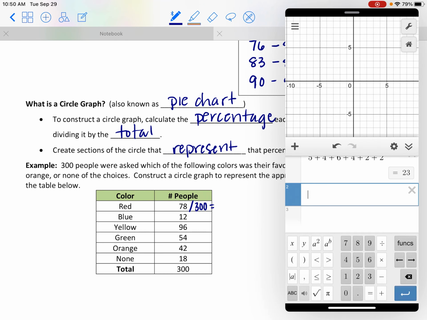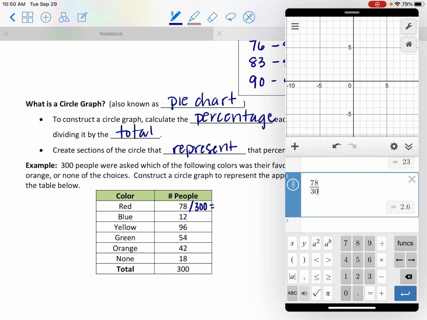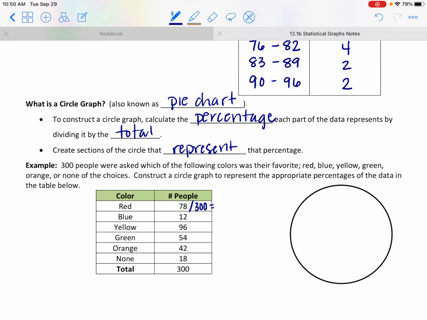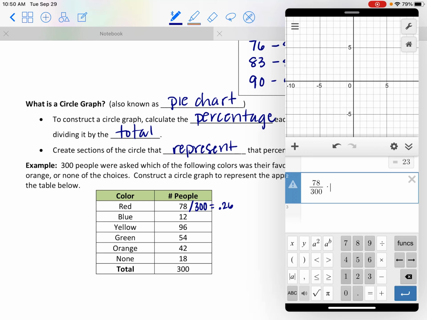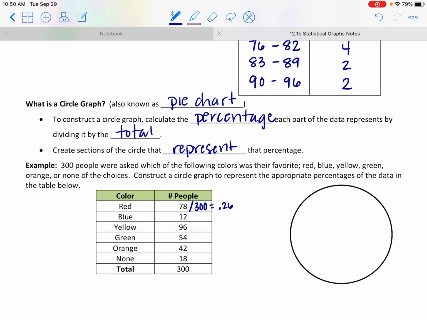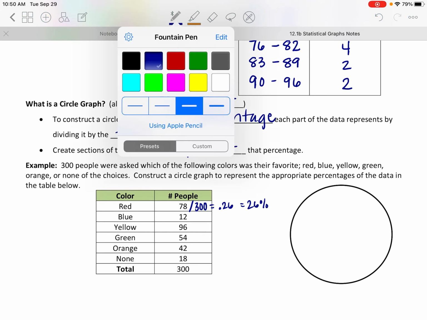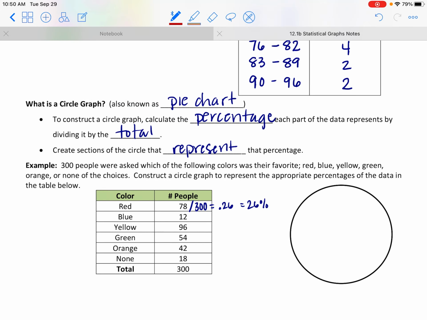So 78 divided by 300 is 0.26. And 0.26, remember, if we multiply by 100, we can make that a percent. So we're looking at 26%. Okay, and then 12 people said blue.